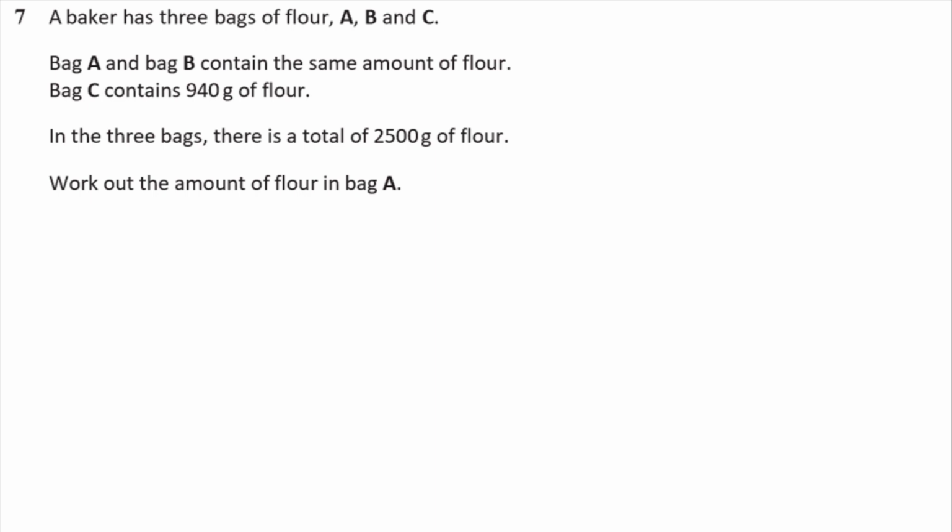Now, I like to use algebra when I have values that I don't know from the start. So bag A, I don't know the weight in bag A, so I'm going to call it X. But I do know that bag B contains the same amount of flour as bag A. So that one then is also X. Okay, and then I've got the 940 grams that are in bag C. So if I took the weight of A and B and C and I added it together, I'm going to get my X value plus X value plus 940 grams.